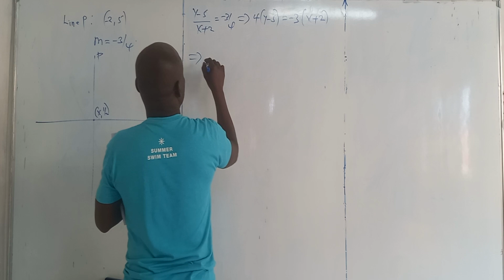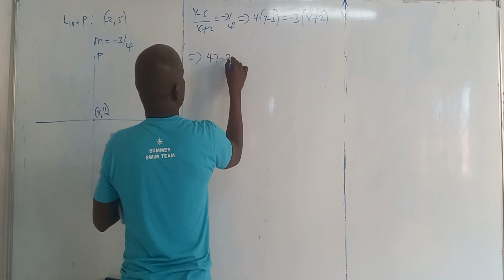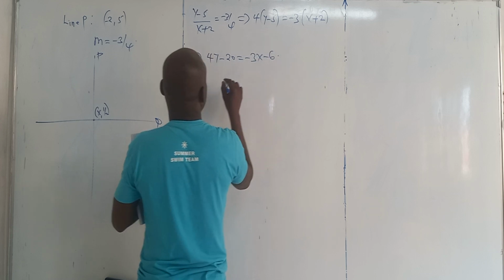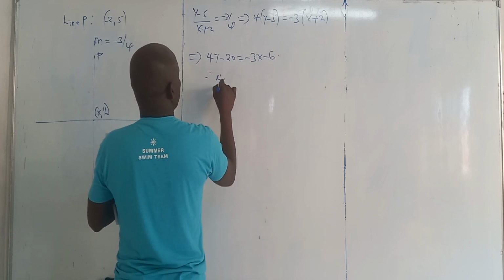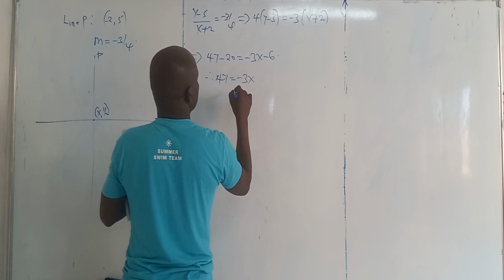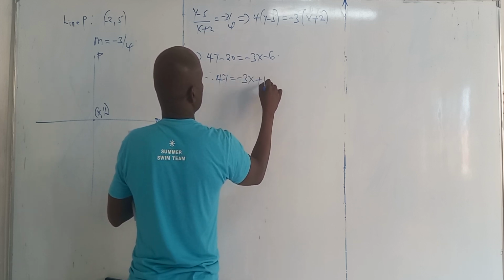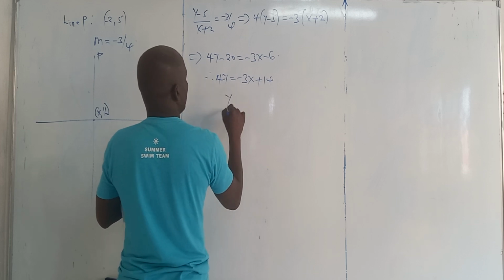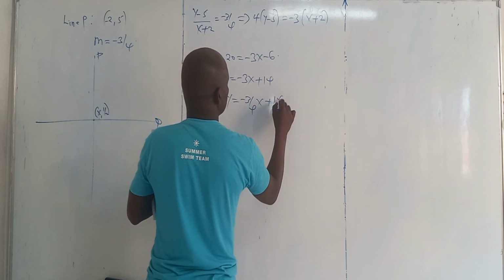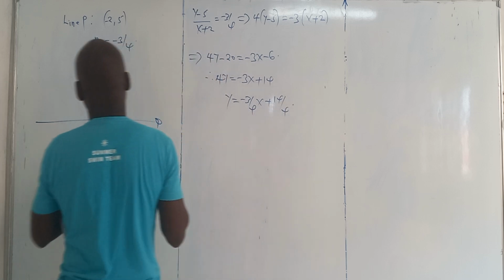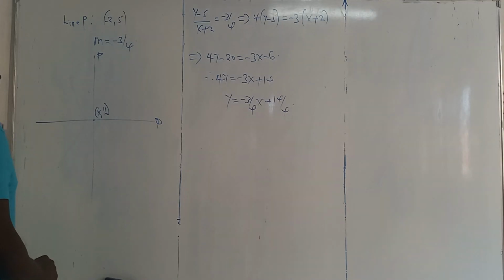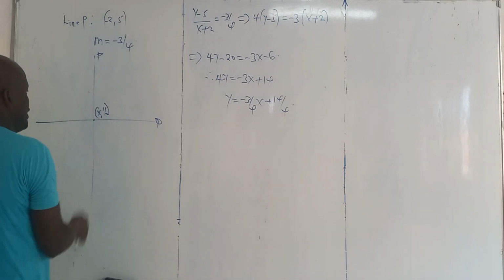So 4y minus 20 is equal to minus 3x minus 6. Therefore, 4y is equal to minus 3x plus 14, and y is minus 3 over 4 x plus 14 over 4. That is the equation of line P.